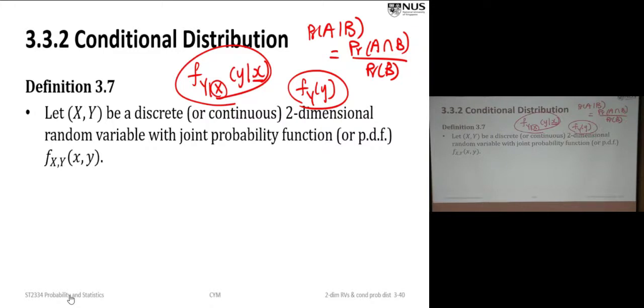All right? So these two are usually different. They can be the same. That is when random variables X and Y are independent random variables. That is a very important characteristic.